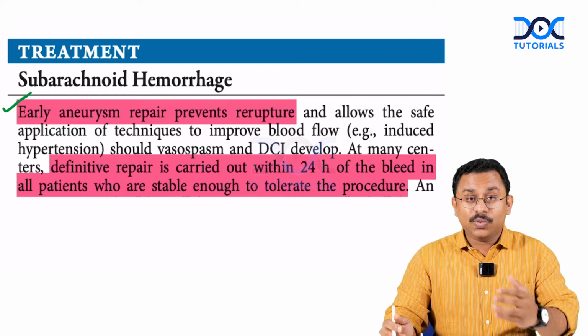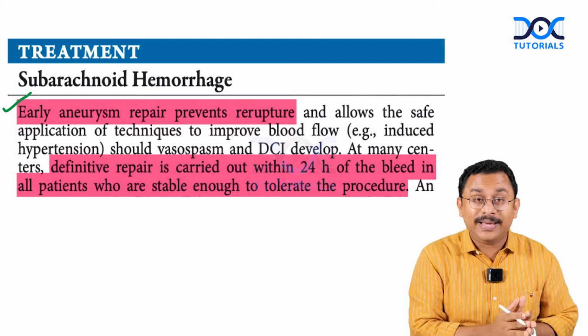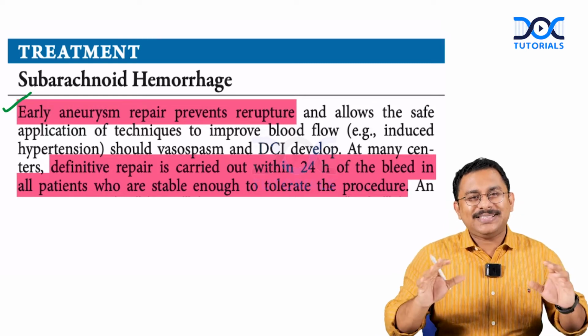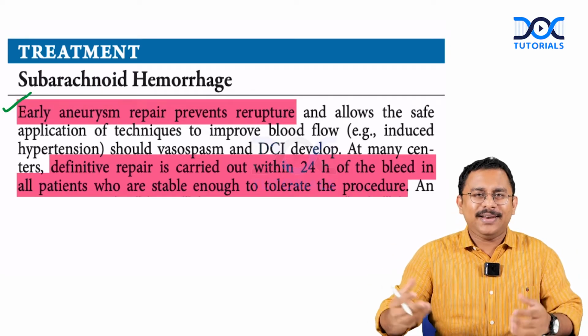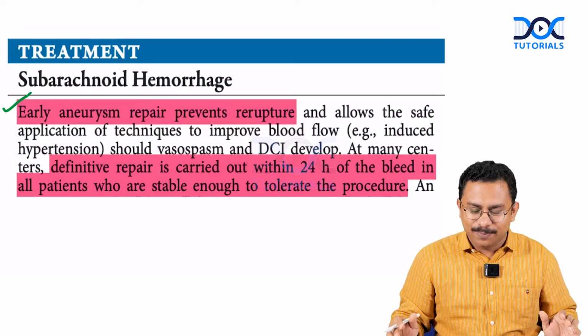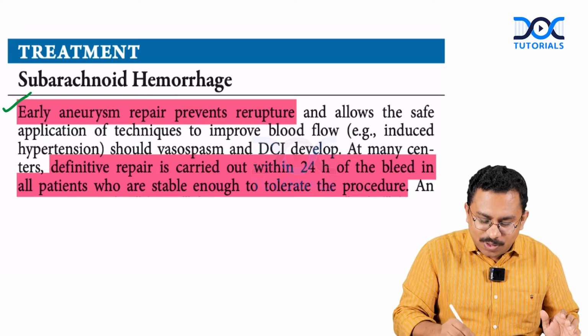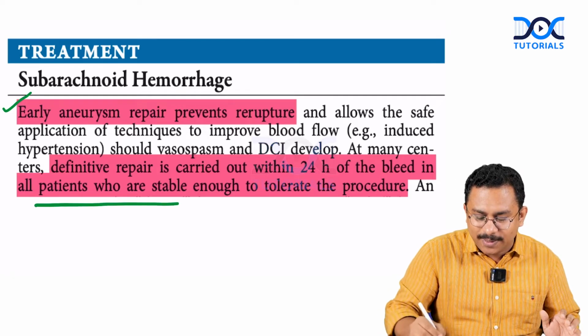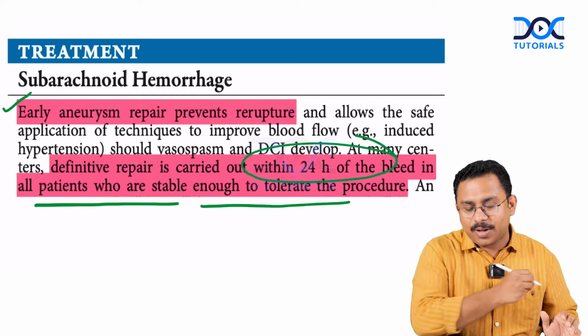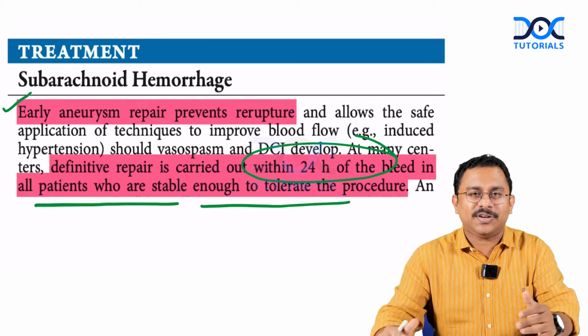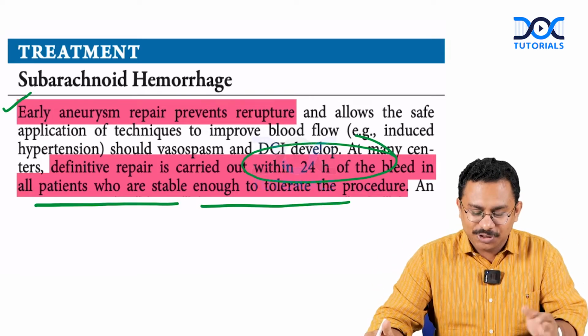So if the patient is hemodynamically stable. If the patient is not hemodynamically stable and has collapsed and is very critical, you cannot take up obviously for a surgical procedure. But in patients who are stable enough to tolerate the procedure, they are advocating an early procedure within 24 hours, obviously because of the risk of a re-rupture.